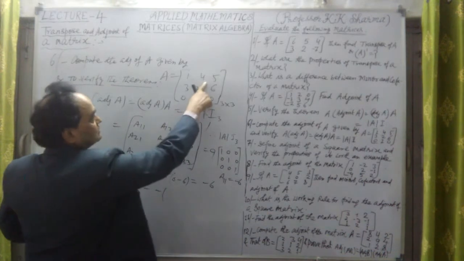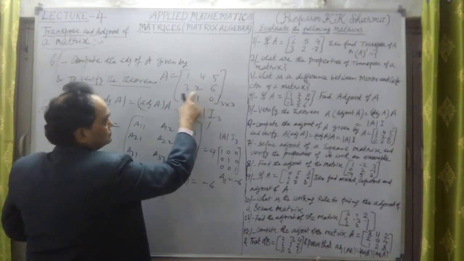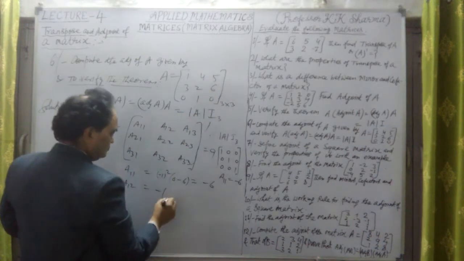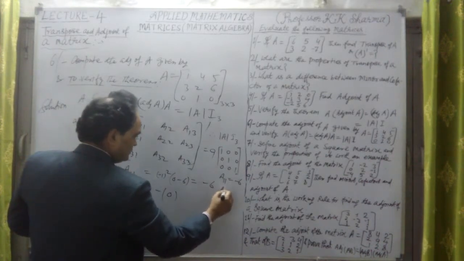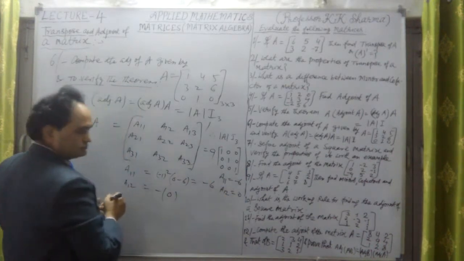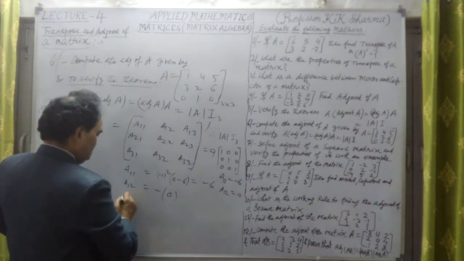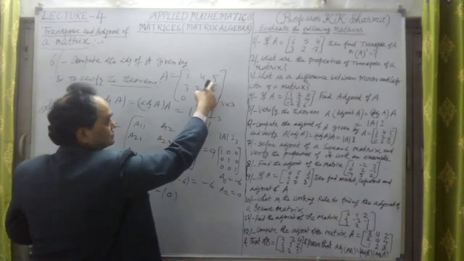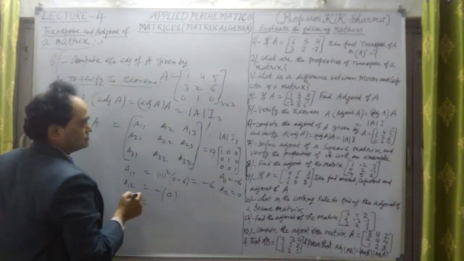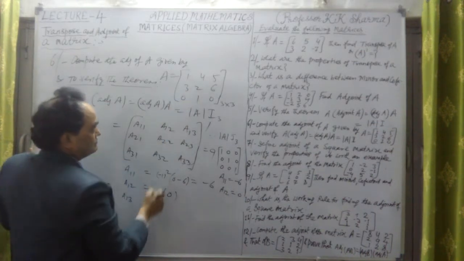And then for this cofactor of 4, it is 3 into 0 and 6 into 0, which is 0. So A12 is equal to 0. And A13 is positive, it is the cofactor of 5. This will be 3 into 1 is 3.